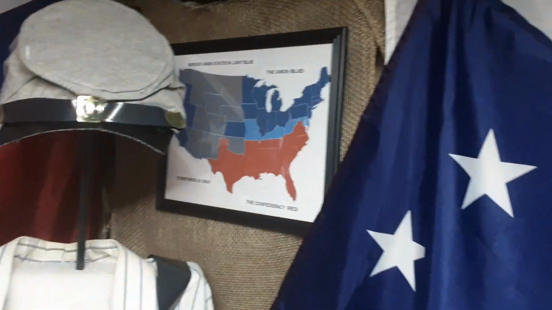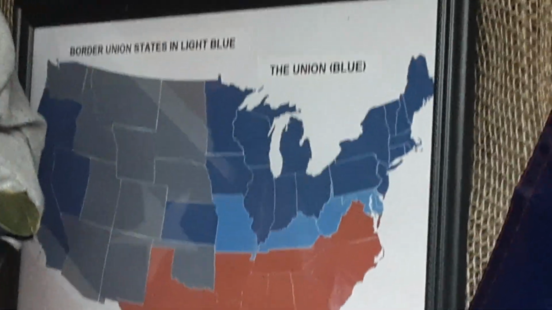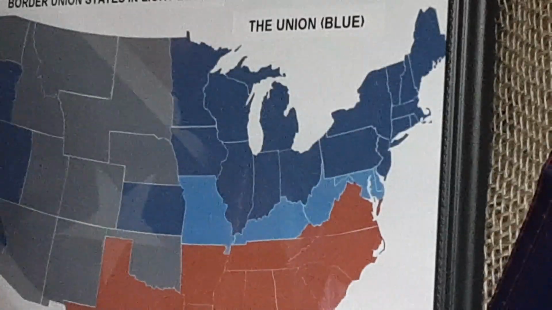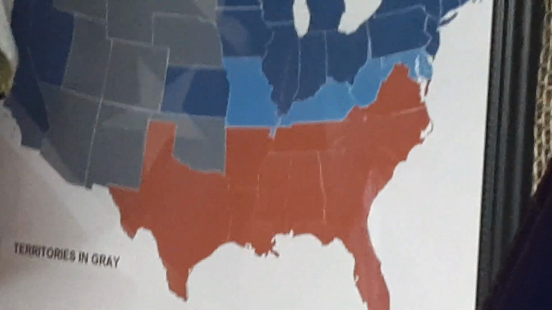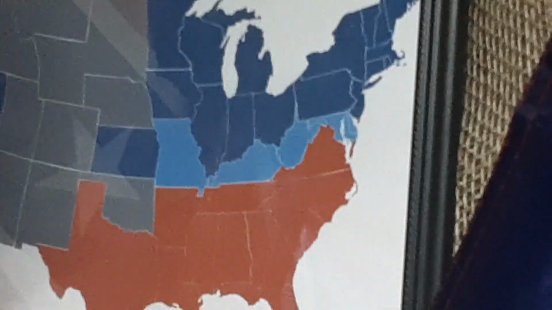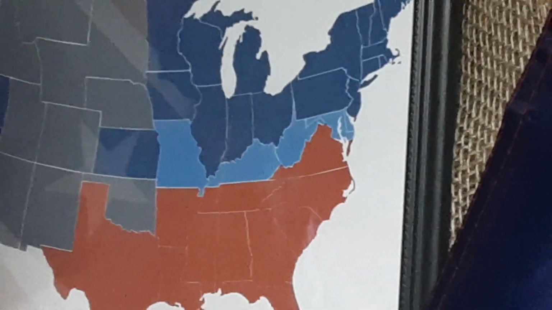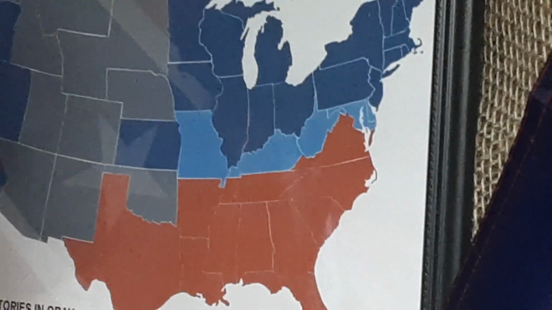So, when the war happened, this is what the country looked like. The Union states are in blue, and the rebel states are in red. And in light blue are the border states that remained in the Union, but also permitted slavery.